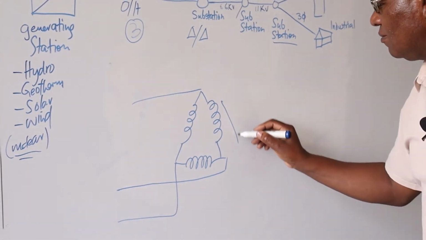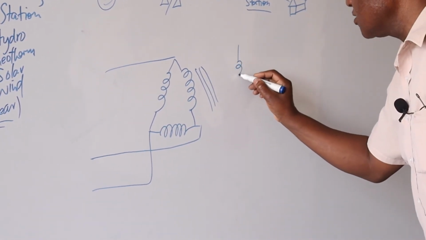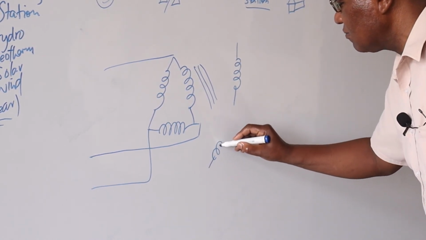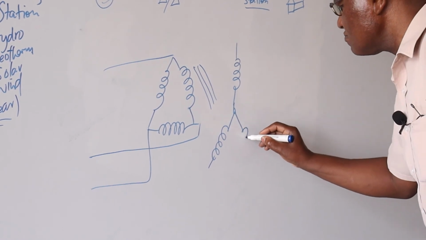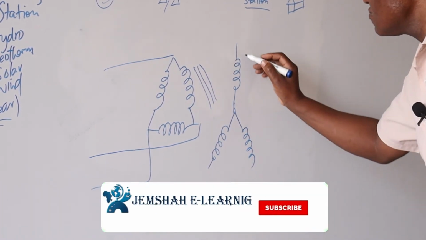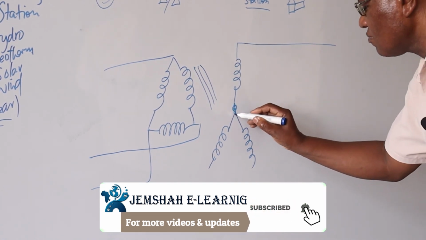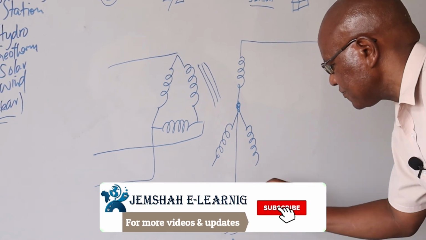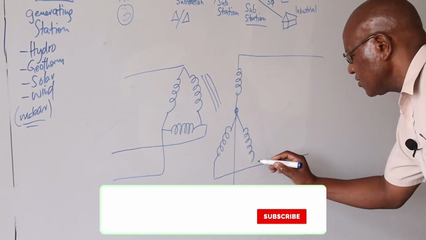And then in the secondary, this one will be connected in star. The idea of the star point is you get our earthing, and we also generate the neutral.